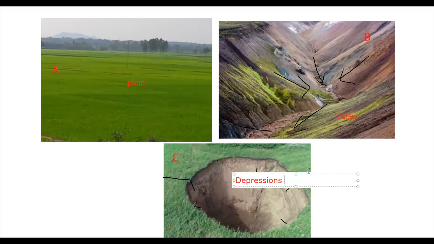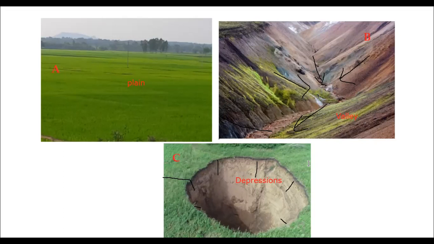Of course, depressions are associated with limestone areas. We can also find depressions in volcanic areas, for example, where we have our cones. The top of it has a crater, which is a depression.